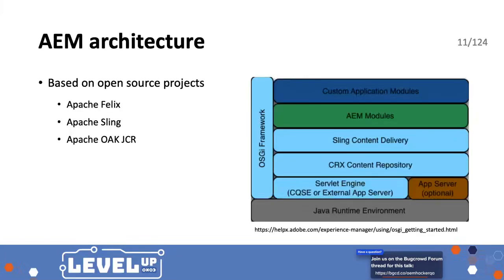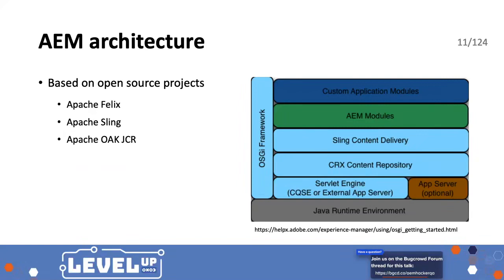You can see here that AEM is quite complex. It has many layers and the attack surface is quite big. I want to specially outline 3 Apache projects that form the core of AEM. They are Apache Felix, Apache Sling, and Apache Oak, or JCR. Apache Felix is used to manage so-called OSGi bundles.